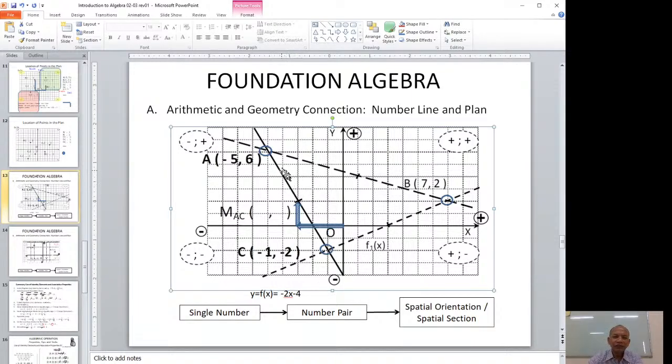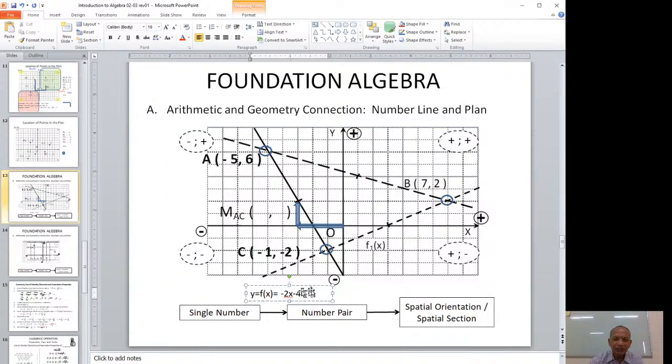This black line here we call the solid line, and all these other lines are dashed lines. So the equation of the solid line here is negative 2x minus 4.